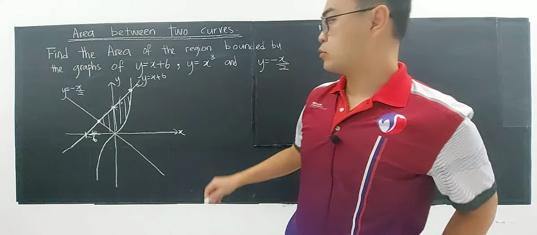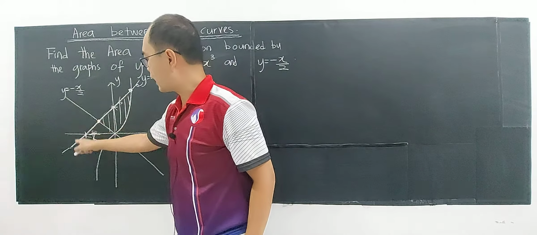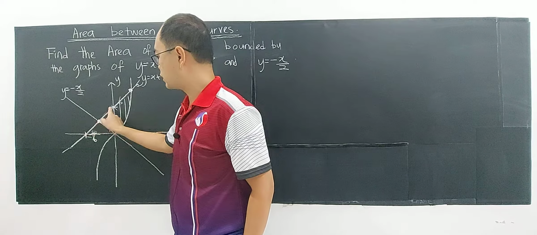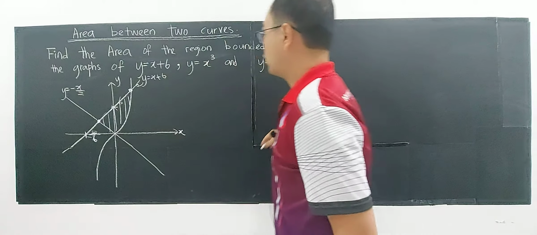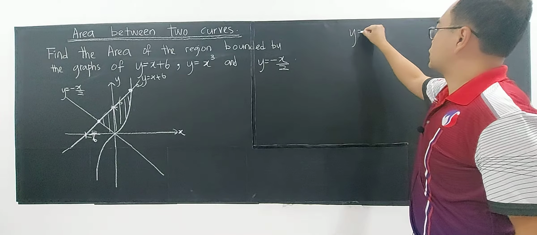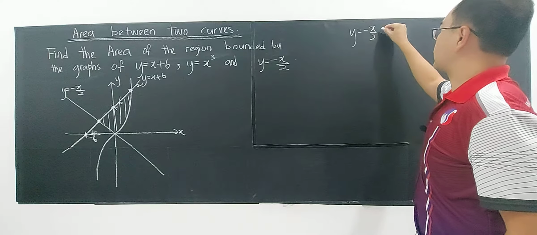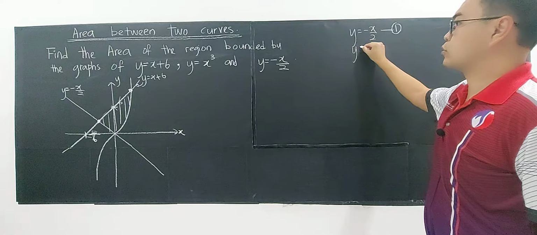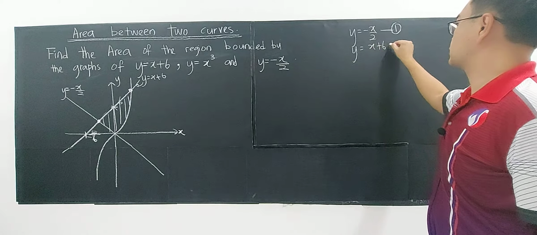At first, to find this point, it's between this line and this line, not related to the curve yet. So we consider y equals negative x over 2 and the line y equals x plus 6.